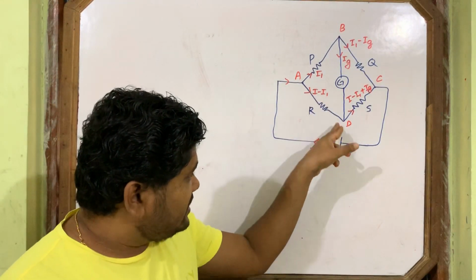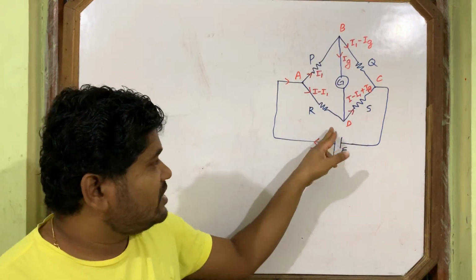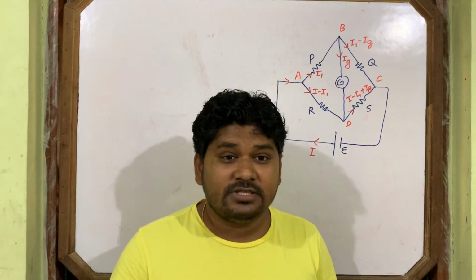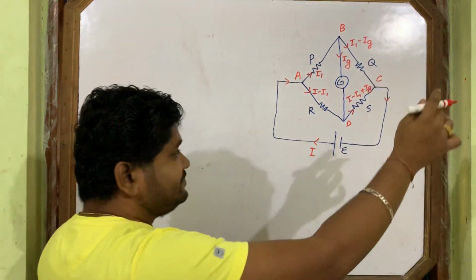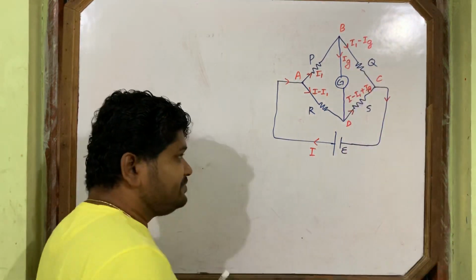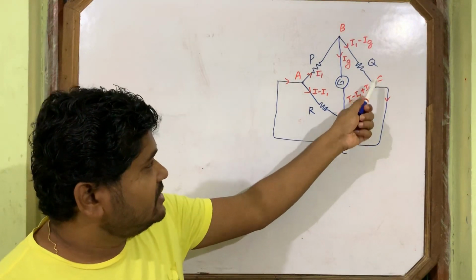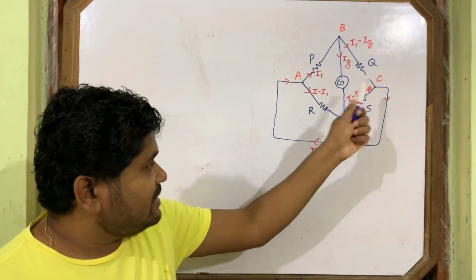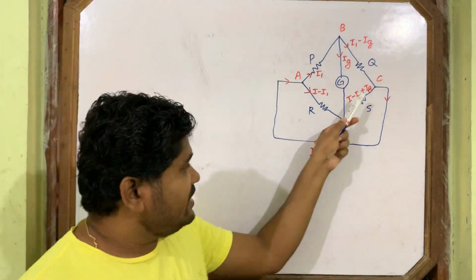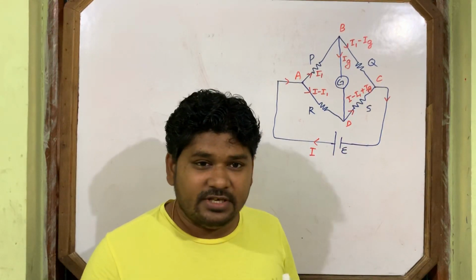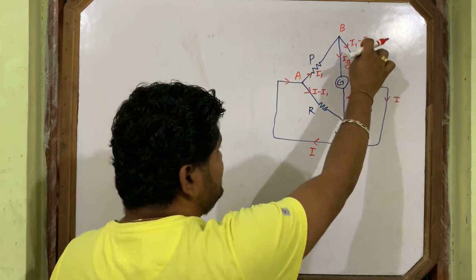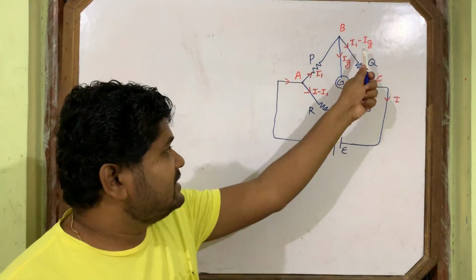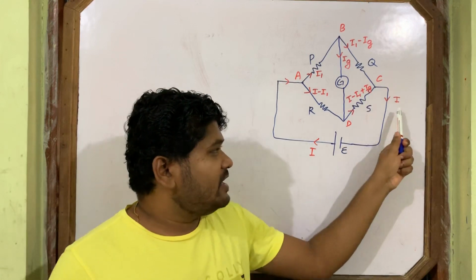Then now the current here. See the junction C. Current I1 minus IG comes, here I minus I1 plus IG, then the total current becomes I. Now if you add this and this, the total current becomes I.